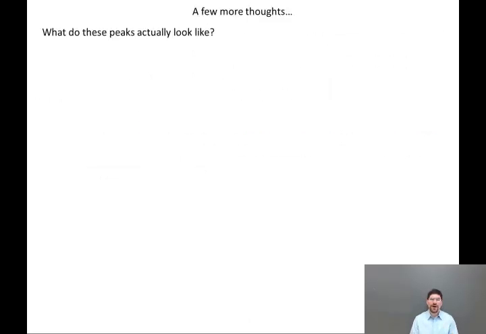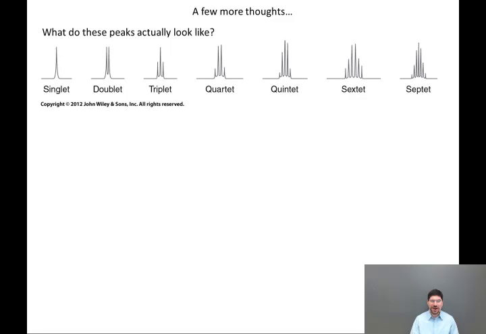Okay, a few more thoughts. First of all, I would like to show you a picture of what these peaks actually look like in a spectrum, so you get a sense of seeing what they really are. So we've already seen examples of triplets and quartets. I think you could imagine singlets and doublets pretty easily. But quintets, sextets, and especially septets, look at that septet there.